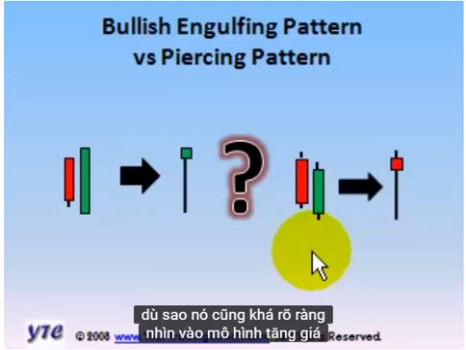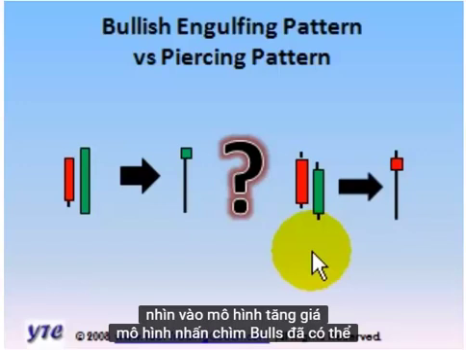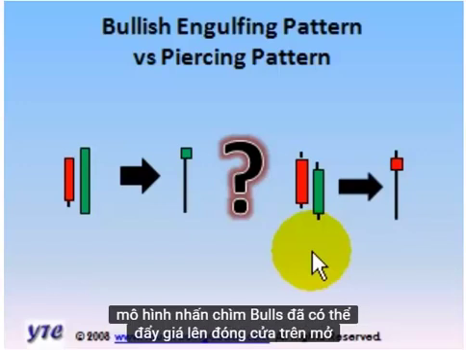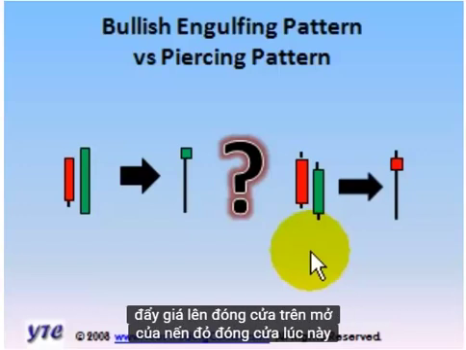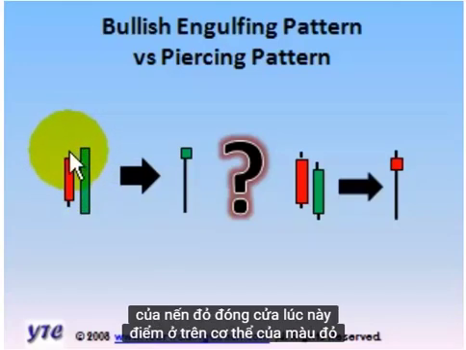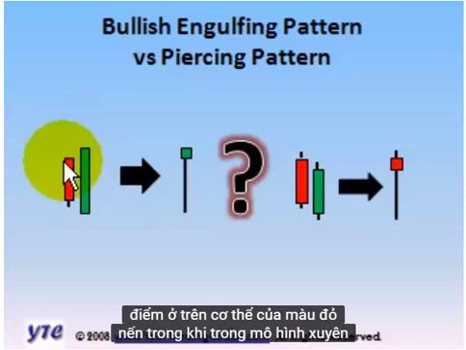In the bullish engulfing pattern, the bulls were able to push price up, closing it above the open of the red candle. So closing at this point here, above the body of the red candle.